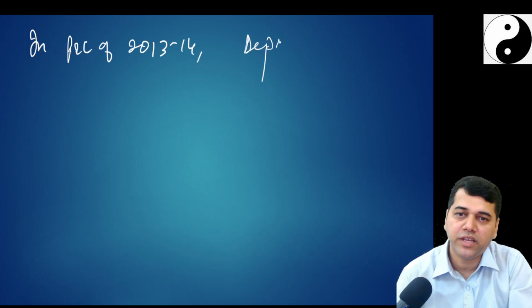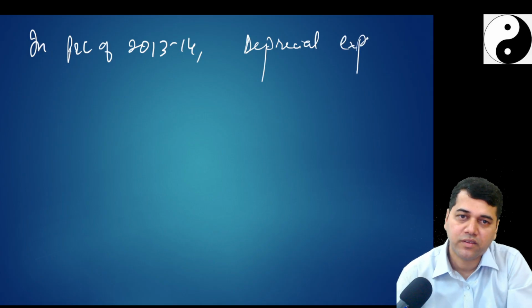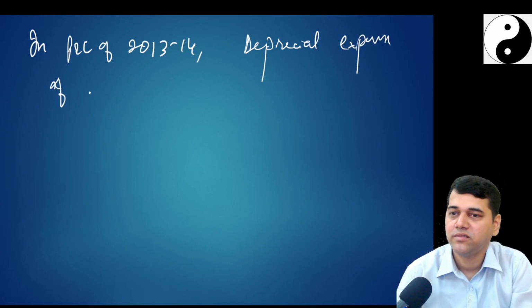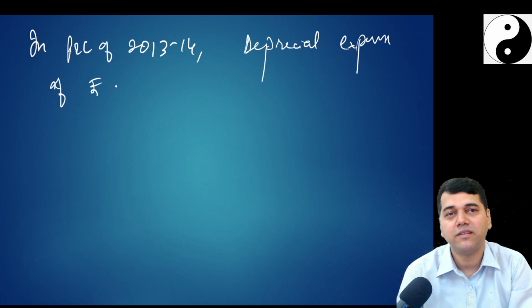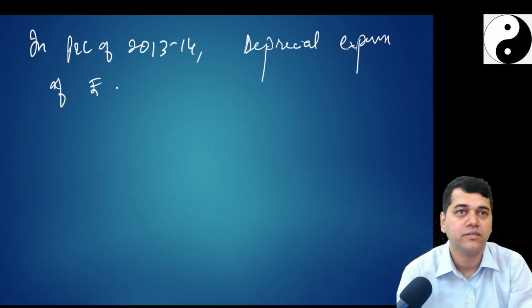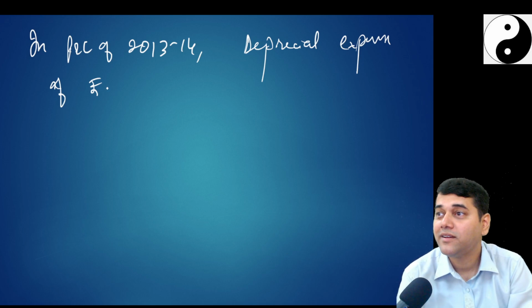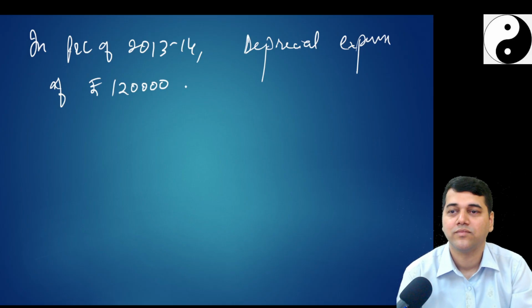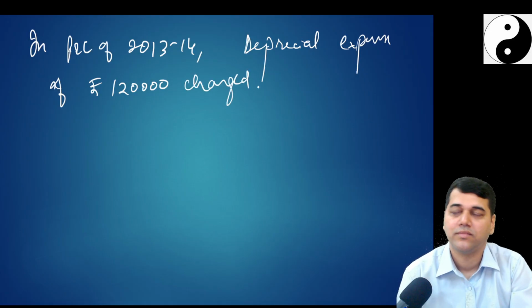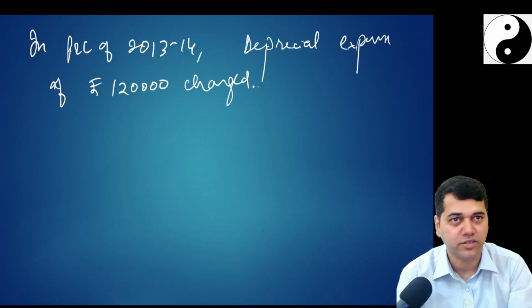What is ICAI's answer? So, in the P&L account, 2013-14, depreciation expense of how much is charged? How much depreciation will I charge to the P&L account in the year 13-14? That means at the end of 2014. 1,20,000. So 1,20,000 I am going to charge as depreciation.